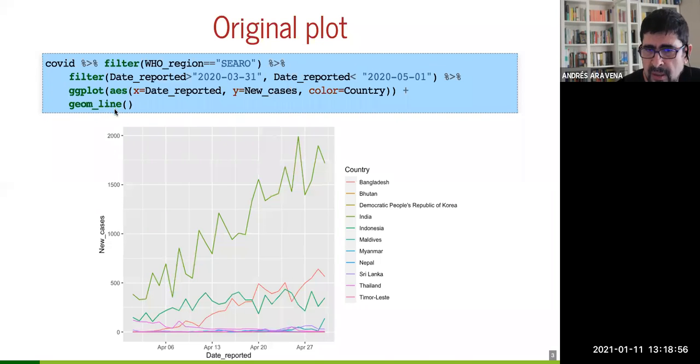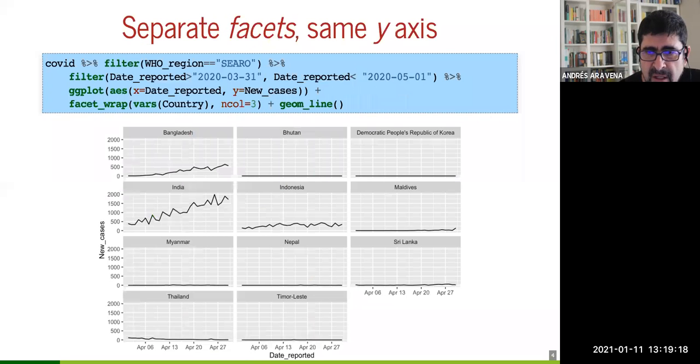So, and we finally put lines, okay? So a question that can be valid here is, what can we do to see this in a more clear way? Can we separate? So there is the last component that we can use in our grammar of graphics, which is to separate these plots in several facets.